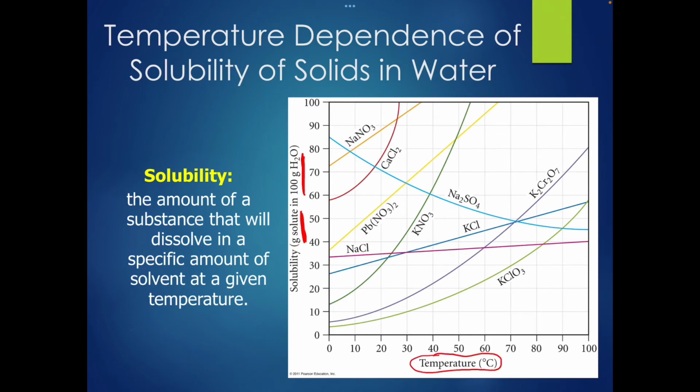These are called solubility curves, and you will make a solubility curve for each individual substance. All of these are solids, and again, most of them are increasing, going up to the right. Solubility is technically defined as the amount of a substance that will dissolve in a specific amount of solvent, usually 100 grams of water, at a given temperature.